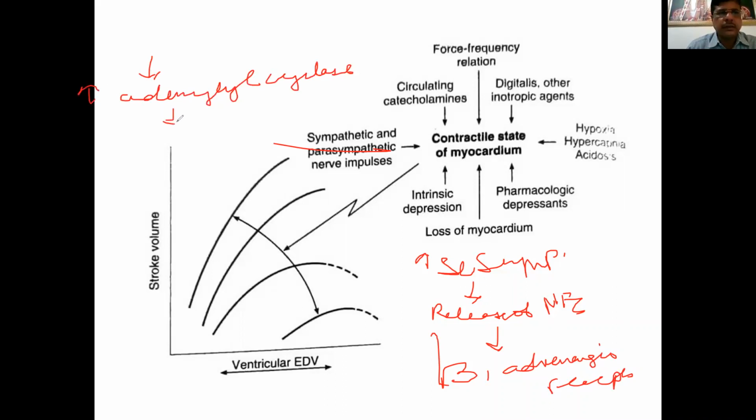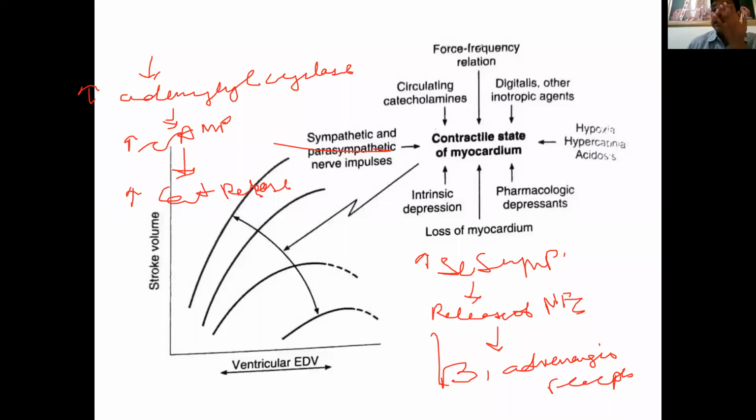Increased activity will cause increased cyclic AMP. Cyclic AMP will cause increased calcium release. Circulating catecholamines also have the same effect.